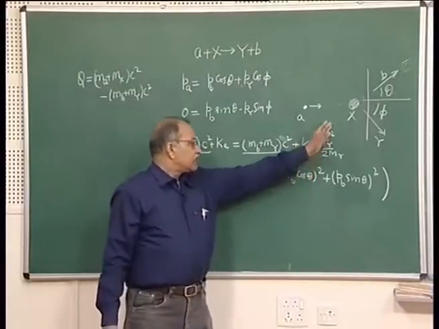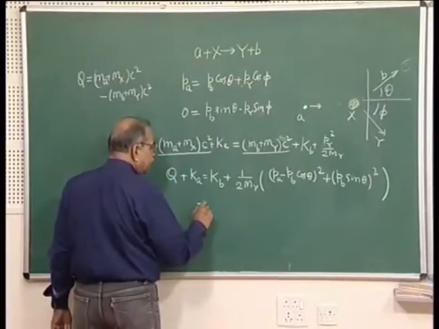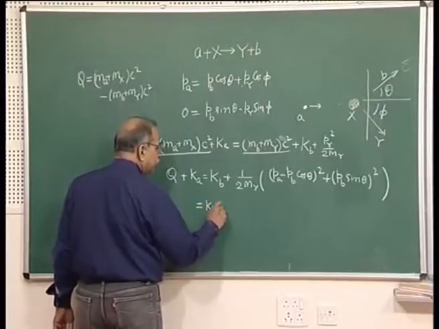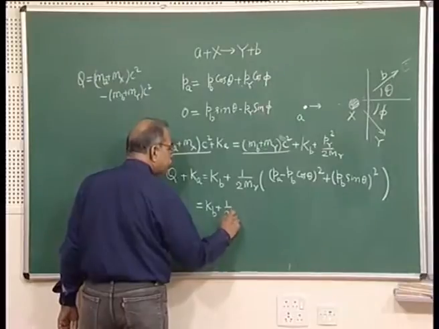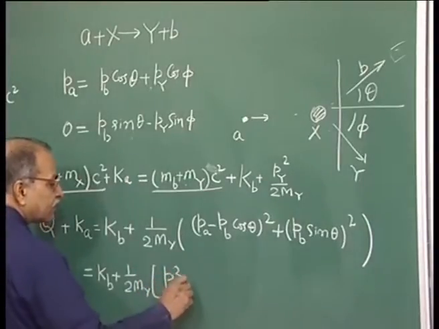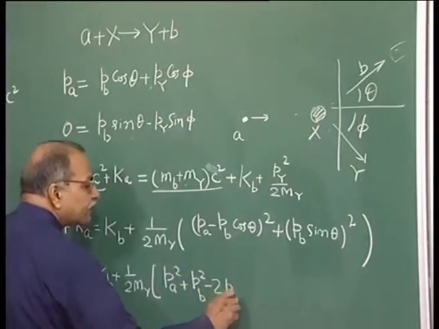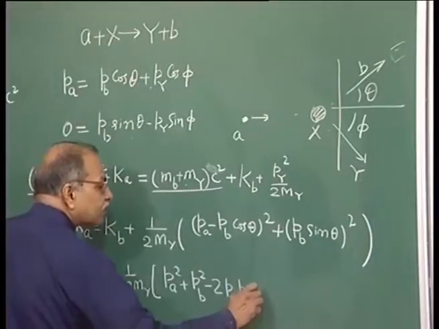So, that is Py square, and then 2my I have already written. So, this is Kb plus 1 by 2my, and here it is Pa square and plus Pb square and minus 2 Pa Pb cos theta.